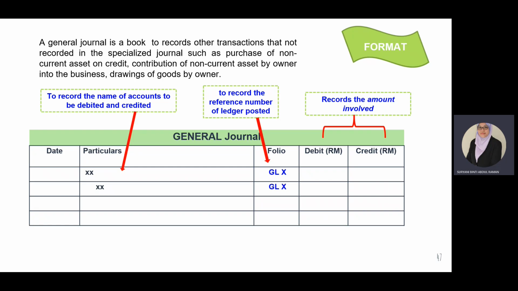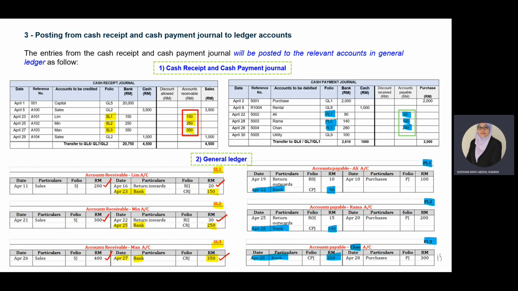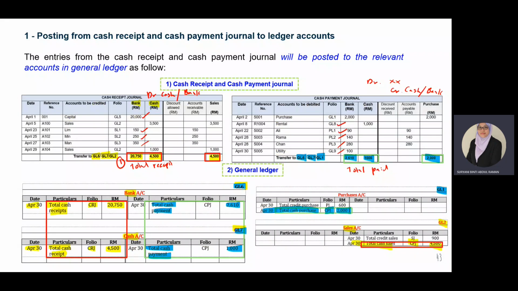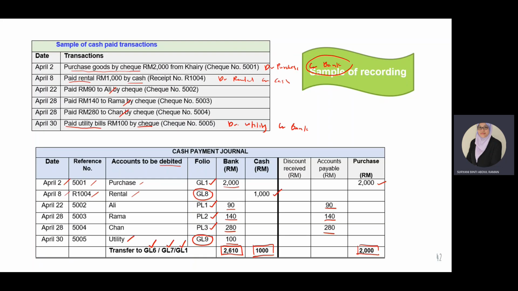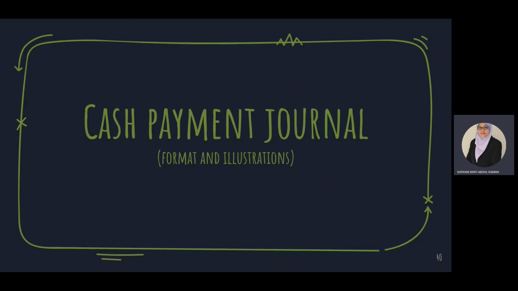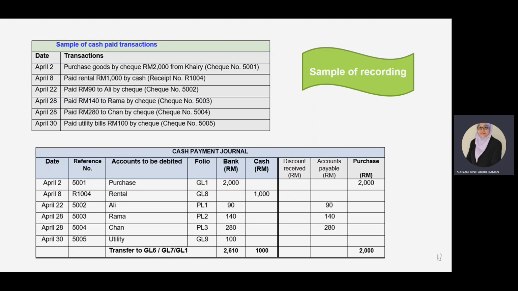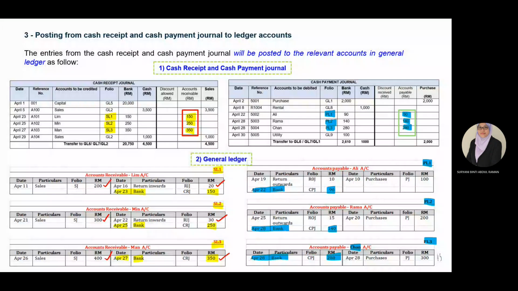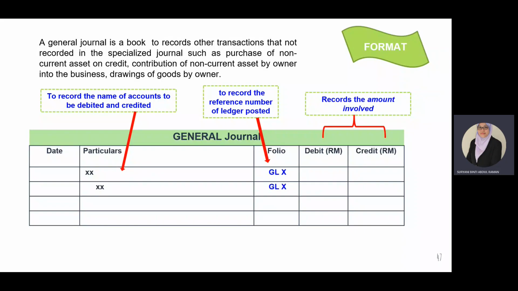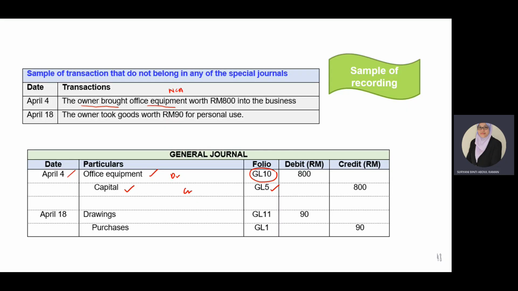As you can see, back in the cash receipt journal, when we first opened the capital account, we used GL5. Now, when you need to use the capital account again, you just have to use the same code. You don't have to open a new reference code for capital, and record the amount debit and credit.